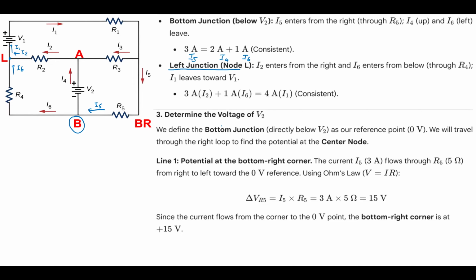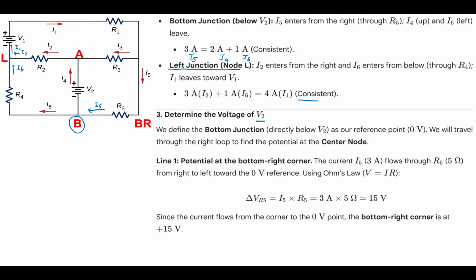Okay? And then this is also consistent. At the three junctions, L, A, B, we found that Kirchhoff's junction rule, or current rule, is satisfied at all of them. And it's time to think about how to determine V2. This is a kind of checking process, so we have to do it. Otherwise, we may make some mistakes, okay?